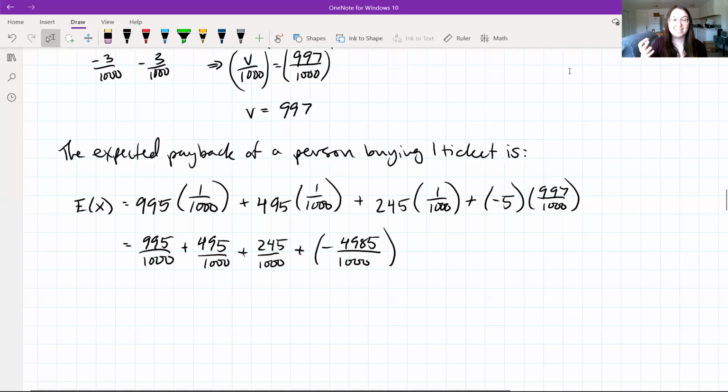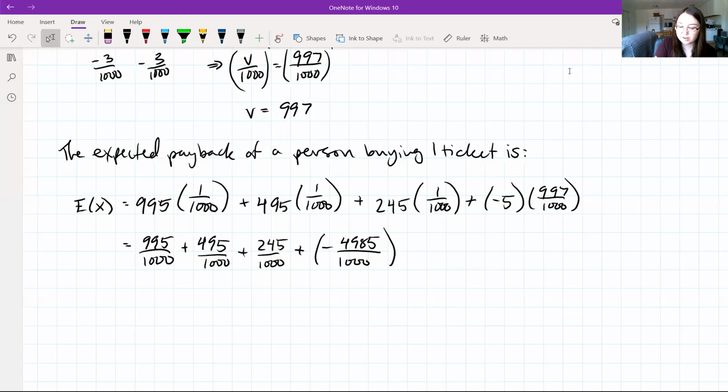Sorry, I had to calculate that value. I only had the final answer. So it's going to be 995 divided by 1,000 plus 495 divided by 1,000 plus 245 divided by 1,000 plus negative 4,985 divided by 1,000.